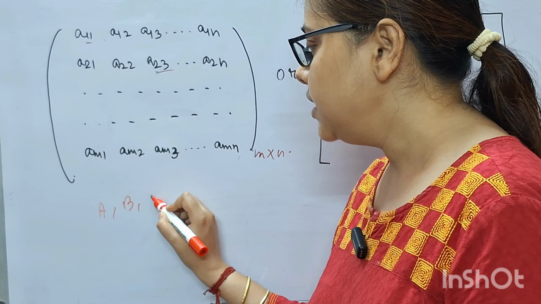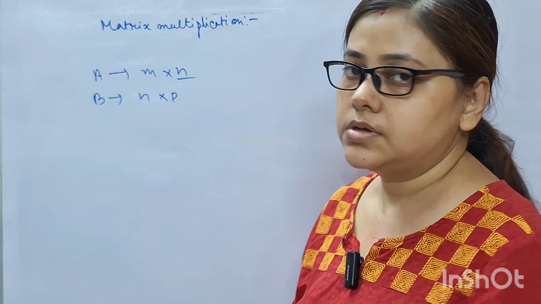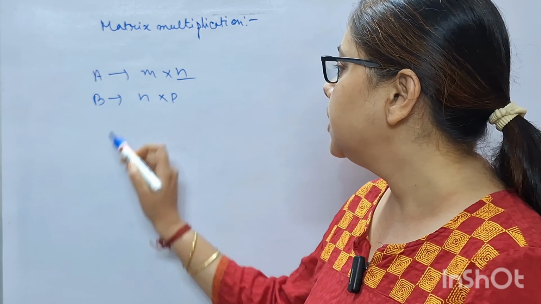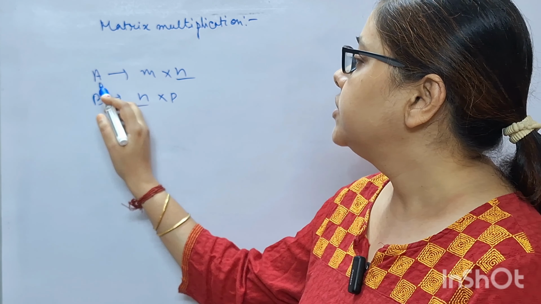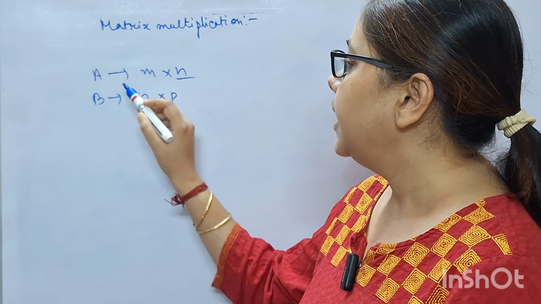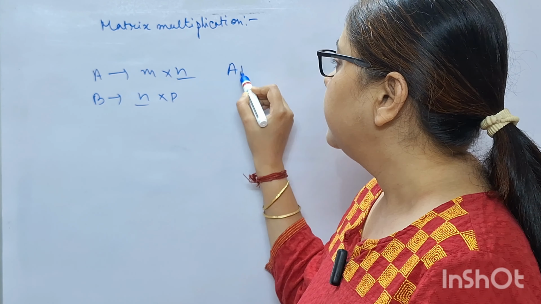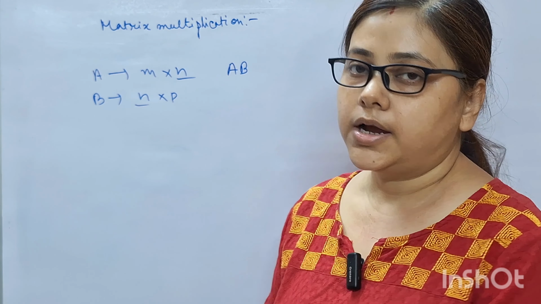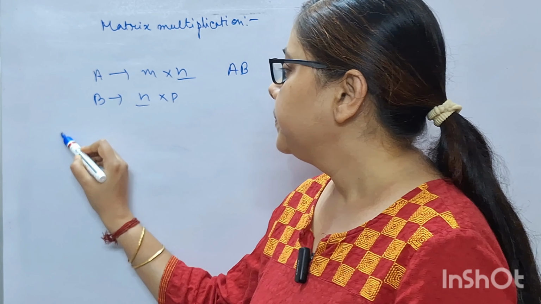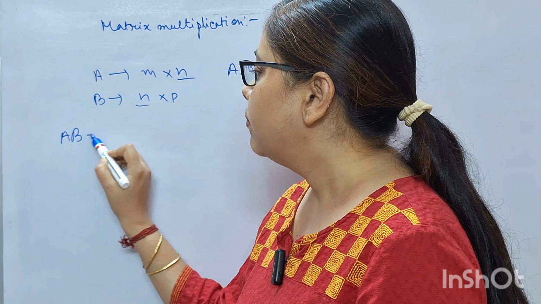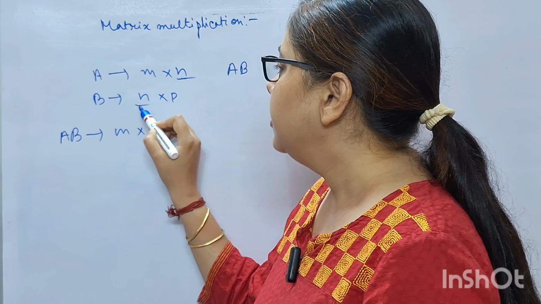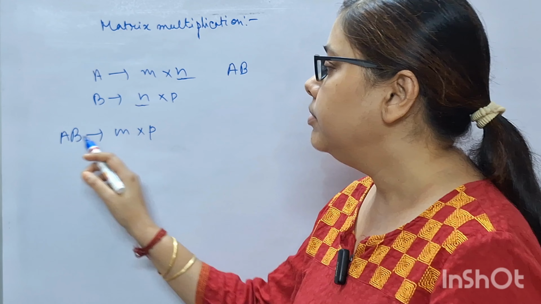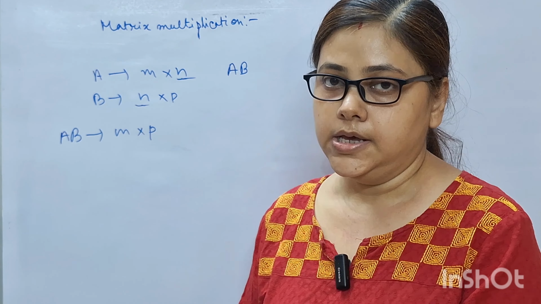Then since the number of columns of A is equal to the number of rows in B, the matrix multiplication AB is defined and the product matrix AB will be of order m by p. This n will be omitted, and AB will be of order m by p.